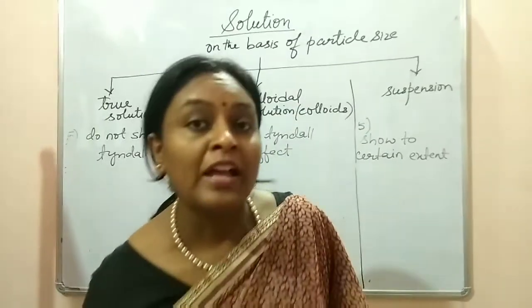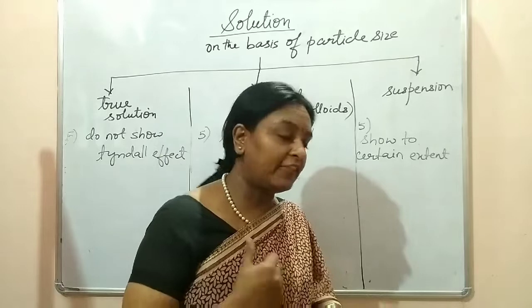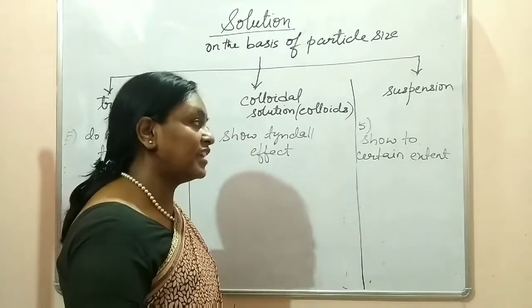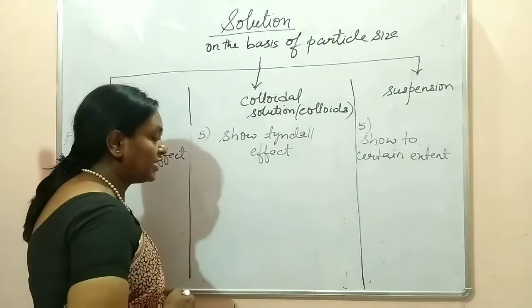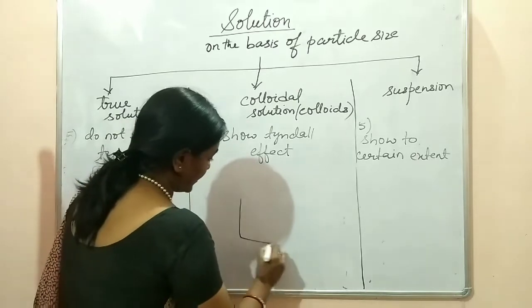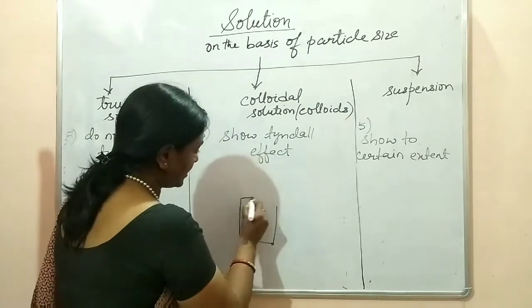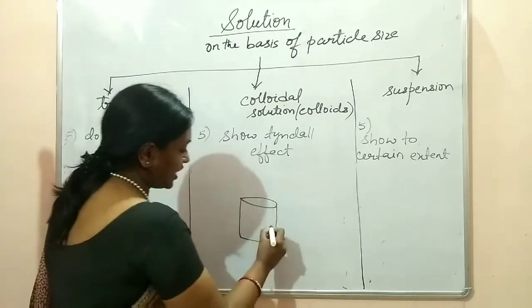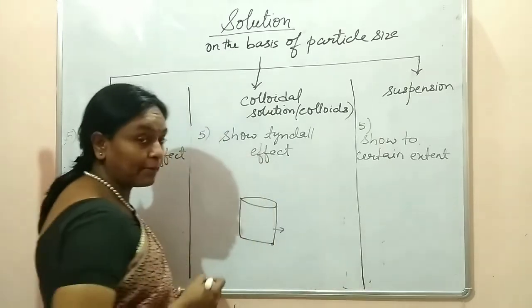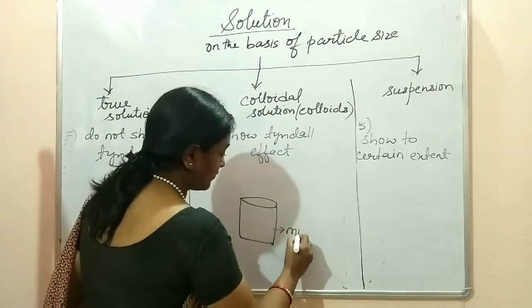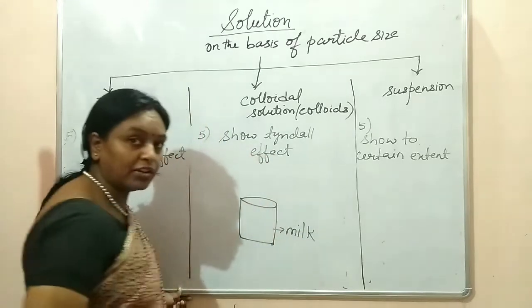Now we are going to discuss what the Tyndall effect is. Suppose you have taken a colloidal solution in a beaker like this. An example of a colloidal solution is milk. Milk is a colloid.